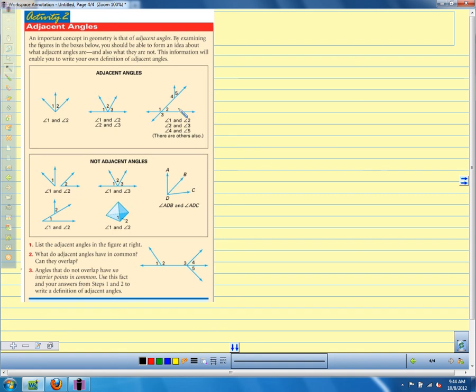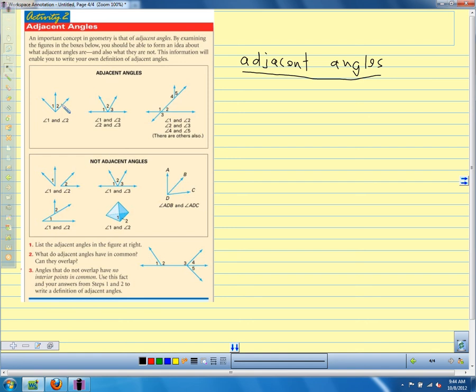So right away, before we start looking at what are not adjacent angles, what do you think is important about adjacent angles? Just looking at these pictures, what do you think adjacent angles have to do with? 180.